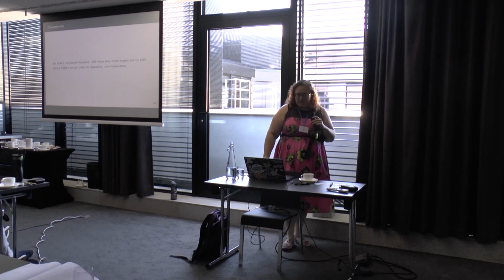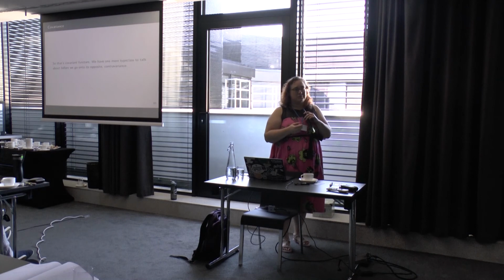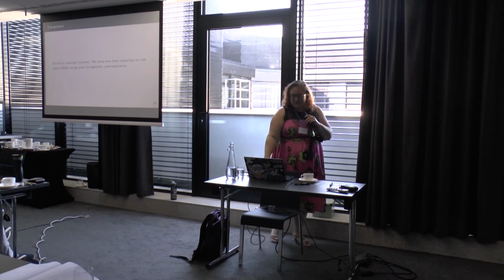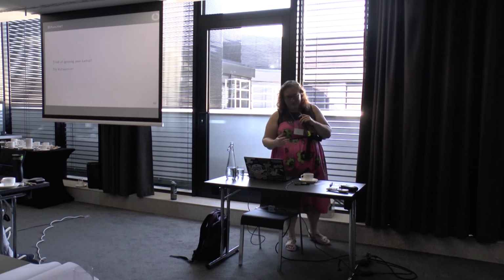We have one more type class to talk about before we go on to its opposite, contravariance. This type class that we're going to talk about, I think, will make him very happy because he really wants to apply a function to the first element of either and of tuples. So before we go on to contravariance, we're going to talk about another type class called bifunctor.